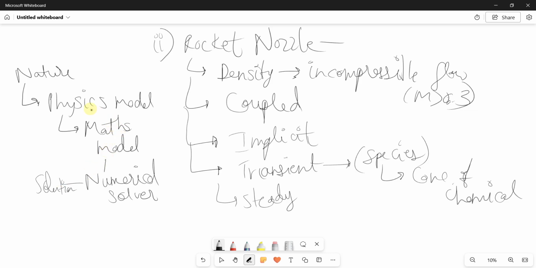So we are done with the physics model part of it. Now we'll jump into the maths and numerical solver, which will be done from the next session. And that is all for today's session.